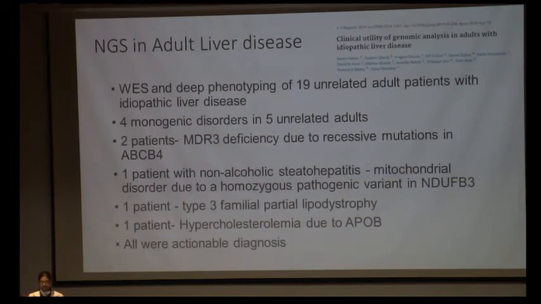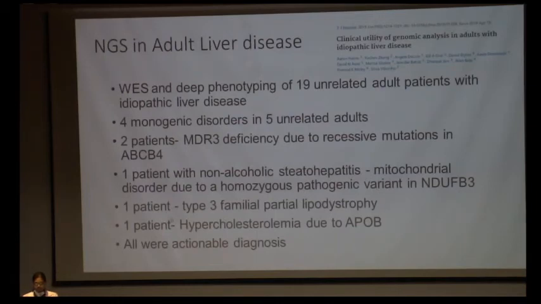Two of them had MDR3 related deficiency due to mutations in the ABCB4 gene. One patient, which was clinically classified as non-alcoholic steatohepatitis, was found to have a mitochondrial disorder due to homozygous pathogenic mutations in NDUFB3.